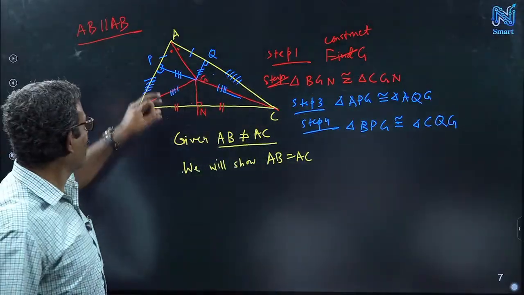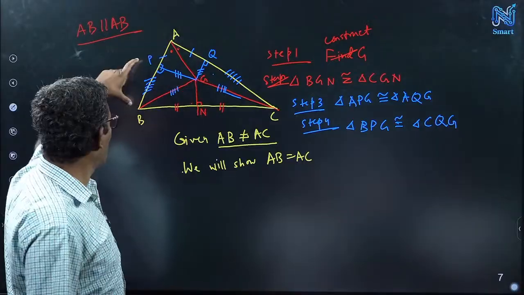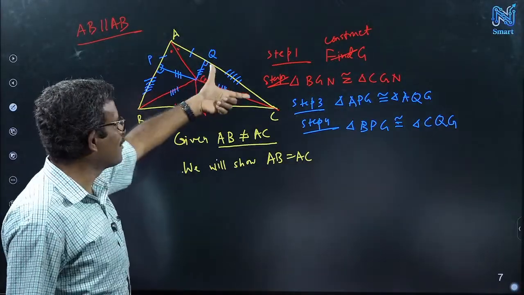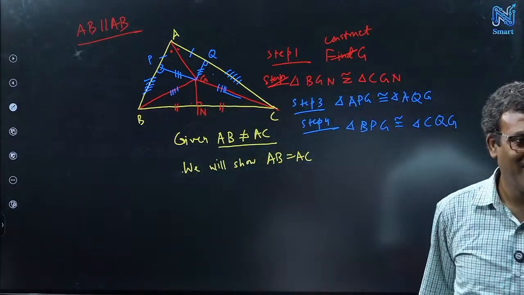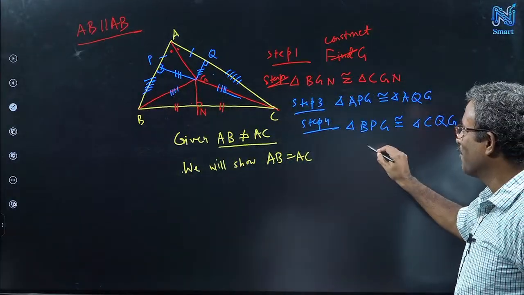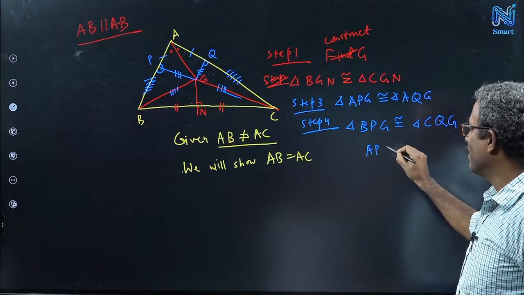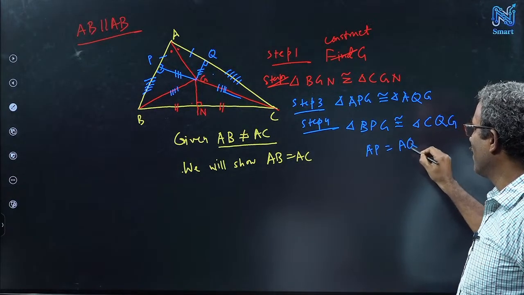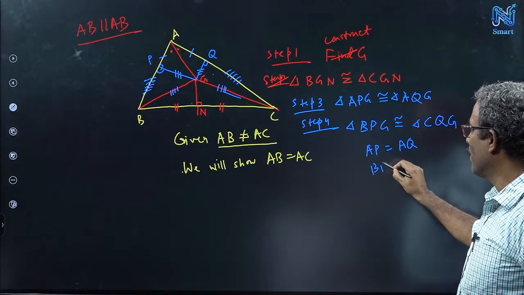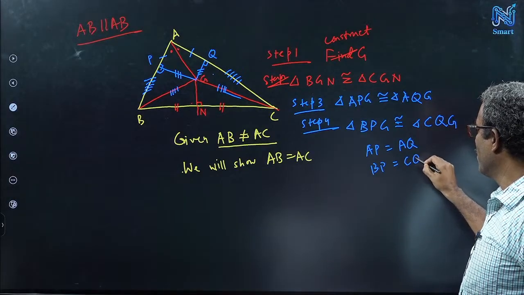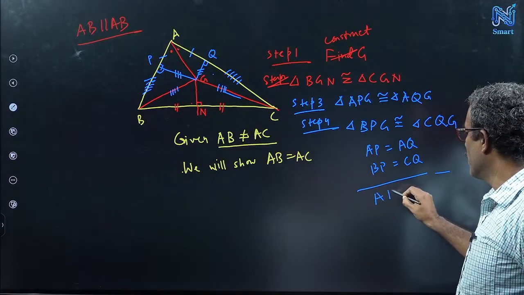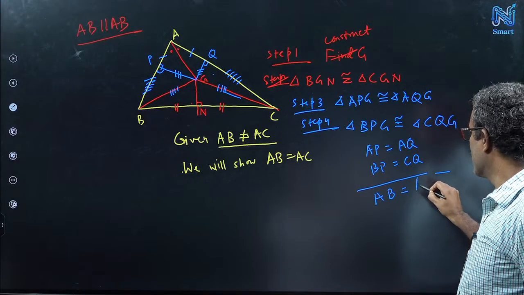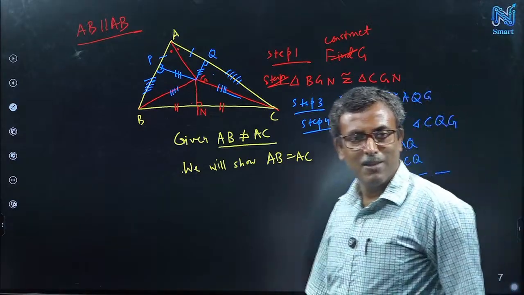So we already proved AP equal to AQ. Now we prove BP equal to QC. If we add these two, we already proved AP is equal to AQ and BP is equal to CQ. Then if we add, AB is equal to AC. We prove it.